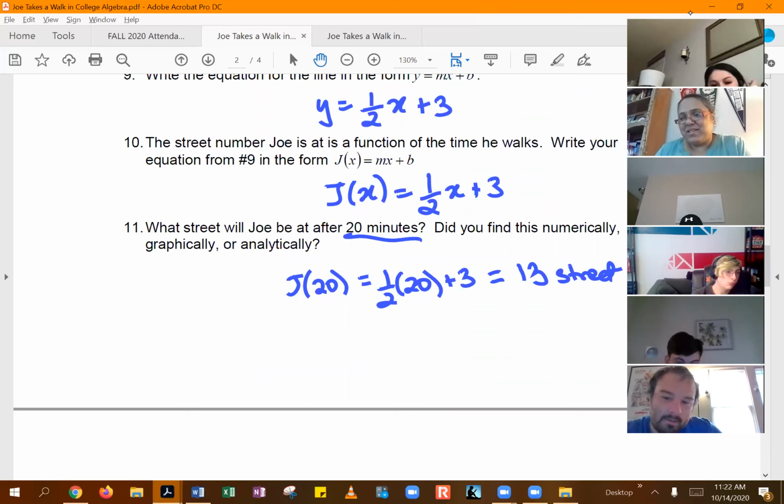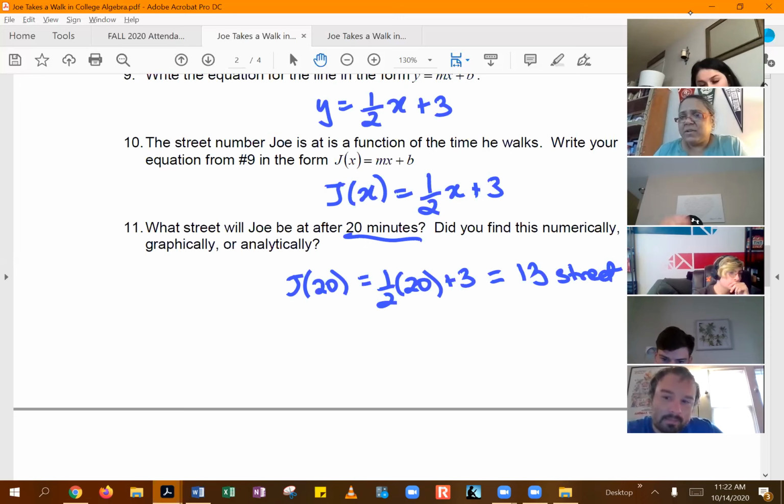Analytically, how would you do this? Basically, think about it as his speed of walking is half a block every minute, right? So if he's walked for 20 minutes, forget where he started. How many blocks would he have walked in 20 minutes?